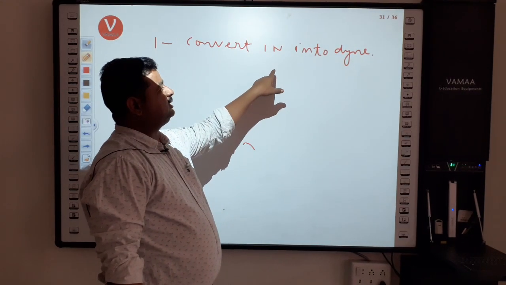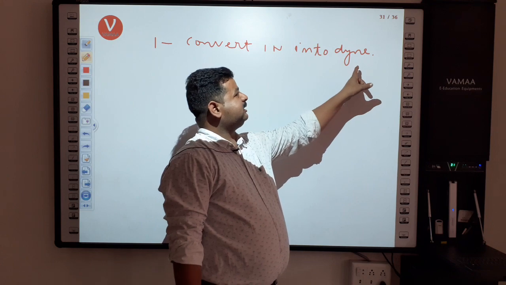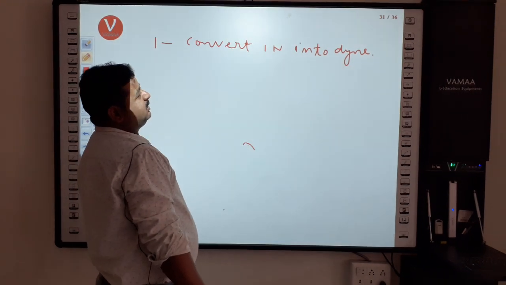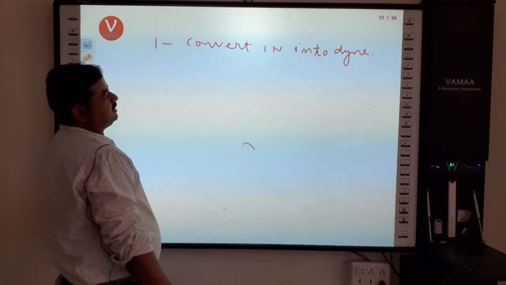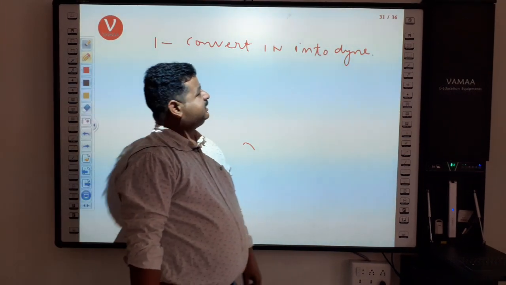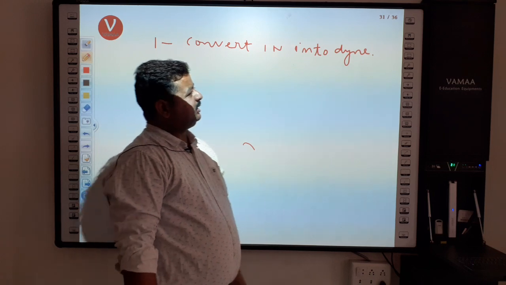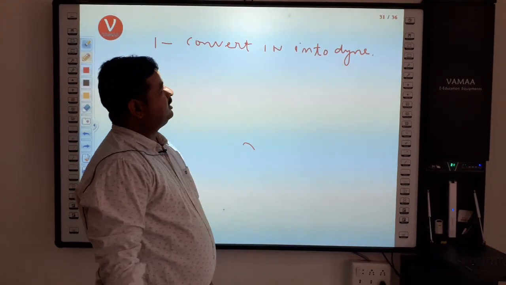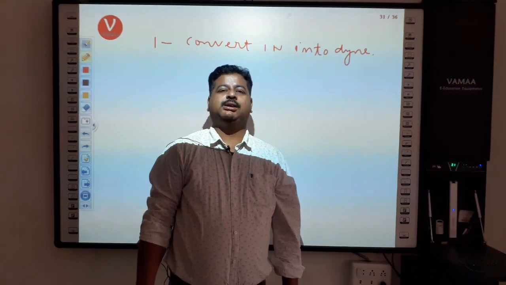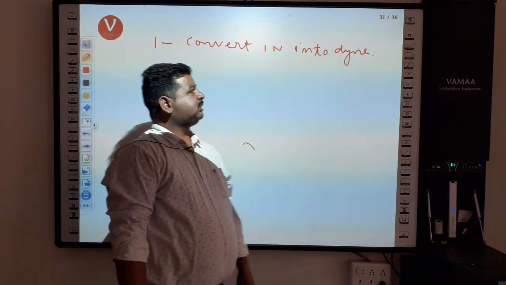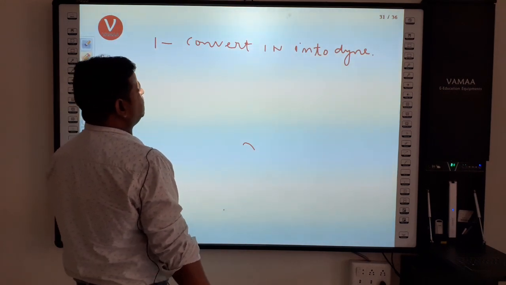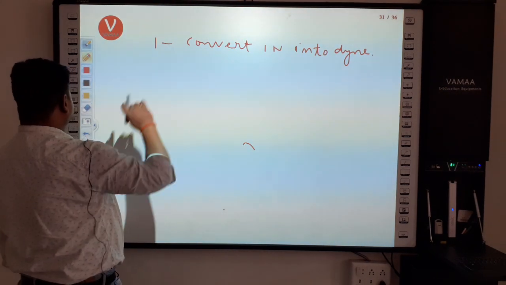First of all, what is given in the question and what we will find? In each such example we calculate the numerical value in the second system. Clear? So let us start how to solve the problem.